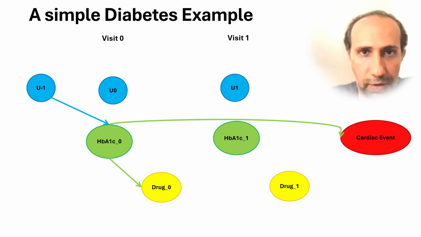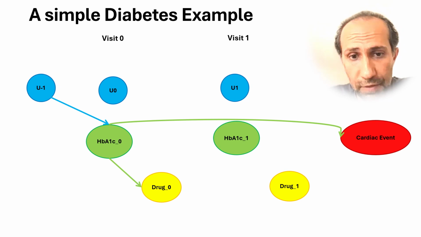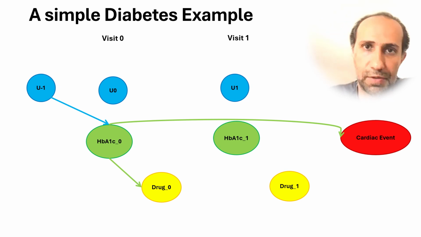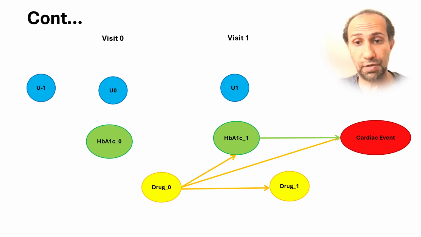Let's go for the drug. I want to study the causal effect of the diabetes drug on the other nodes. Of course, it's pretty obvious because it influences the level of the biomarker, because a good diabetes drug should lower the level of HbA1c and should lower the risk of the cardiac event, and influence the treatment.